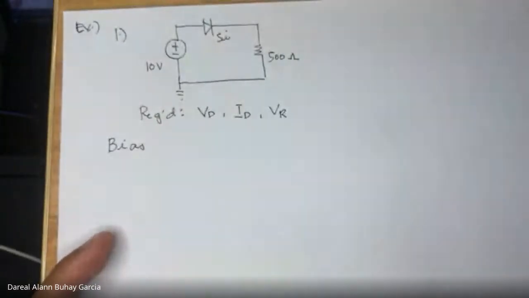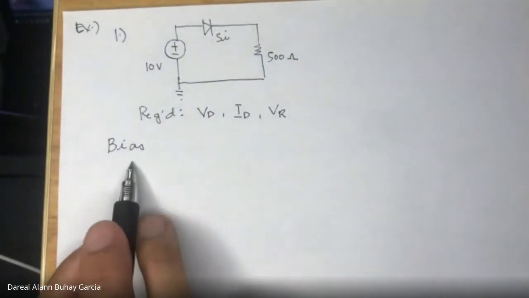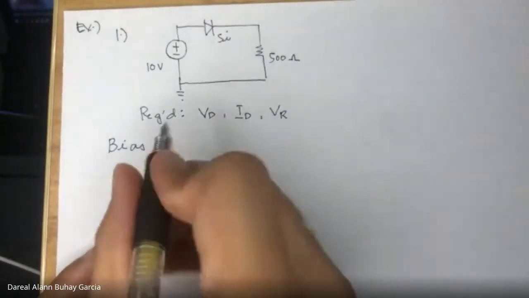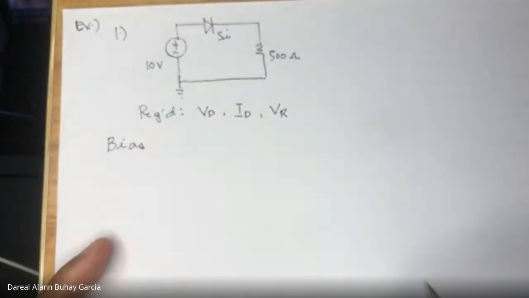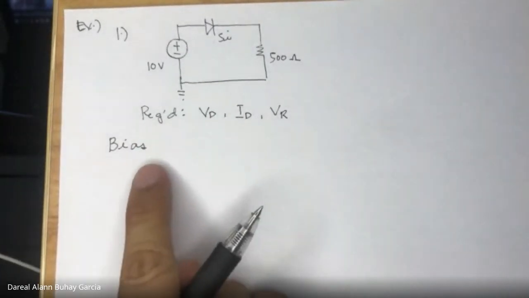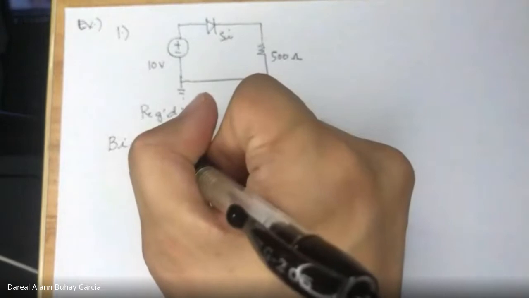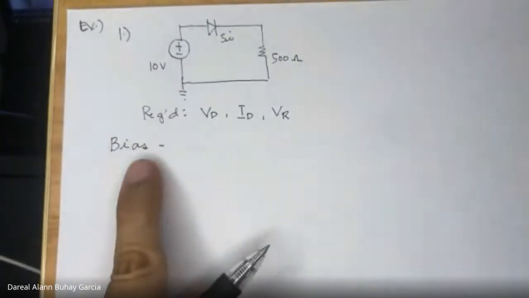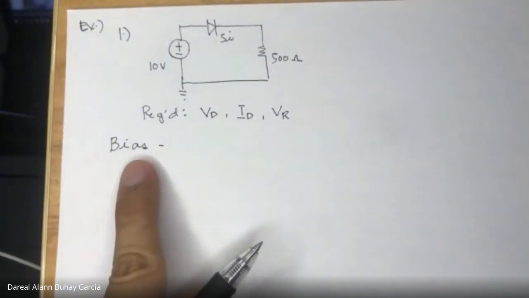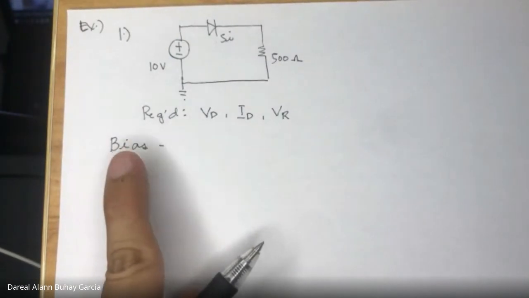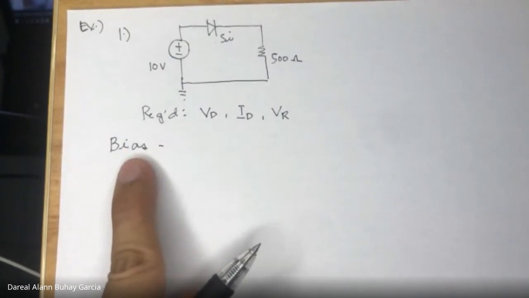Okay? Bias. This is a technical term. In the study of electronics, it means something else compared to how we normally use the word bias. So outside ECE, what's the meaning of this word?